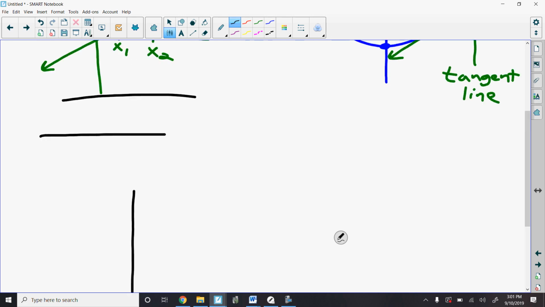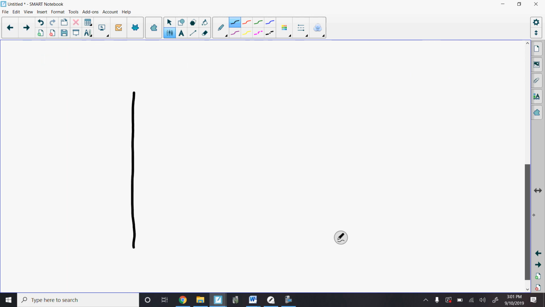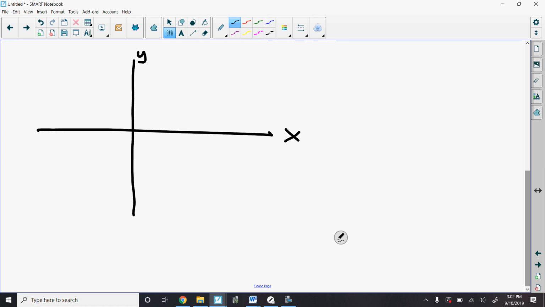Okay, so here's our y, here's our x-axis. And whatever color this is, my function f of x that's curved.